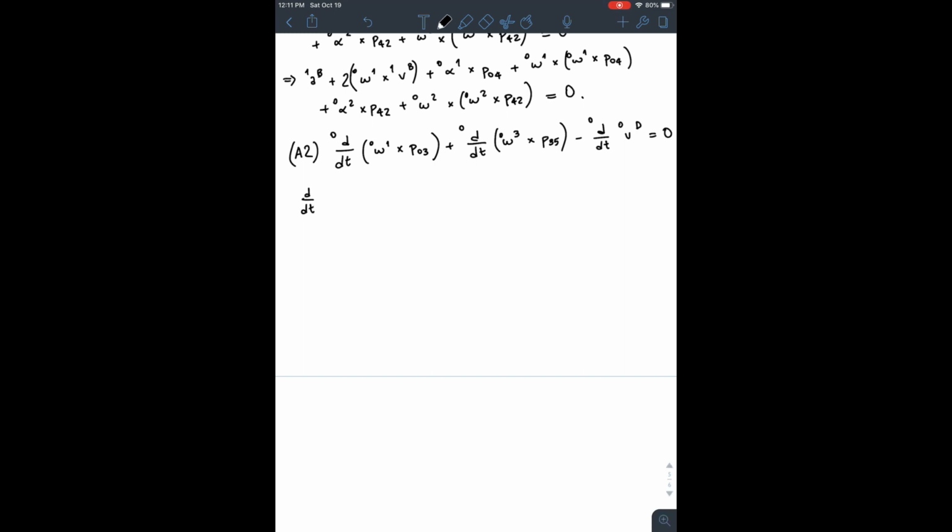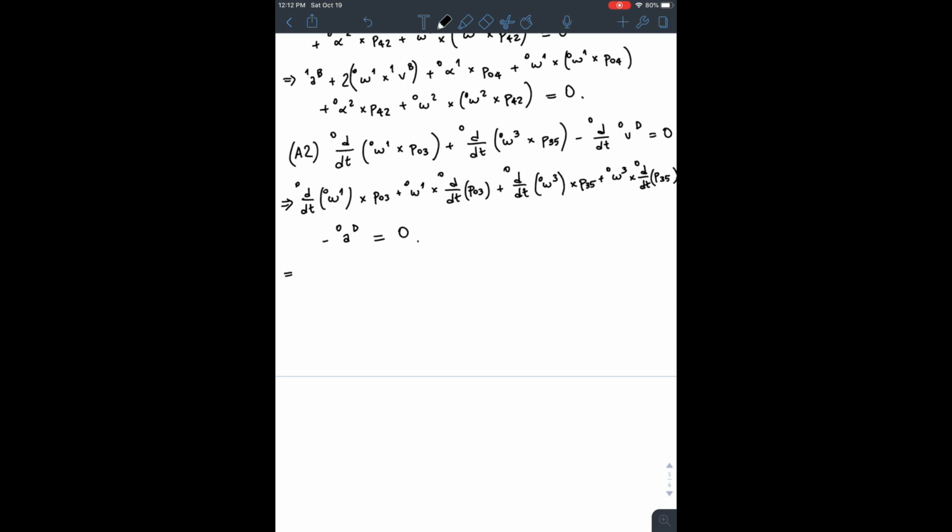This is going to be d dt in 0 of angular velocity of 1 in 0 cross p03, plus angular velocity of 1 in 0 cross d dt in 0 of p03, plus, now I'm over this term, d dt, again Leibniz rule, angular velocity of 3 in 0 cross p35, plus angular velocity of 3 in 0 cross d dt in 0 of p35, minus this term here. As we said, this is exactly the acceleration of point d in 0.